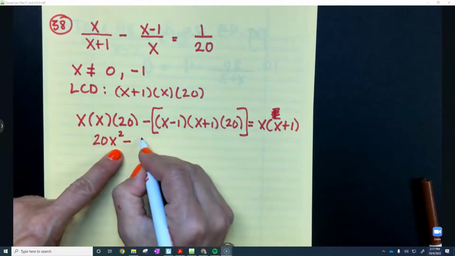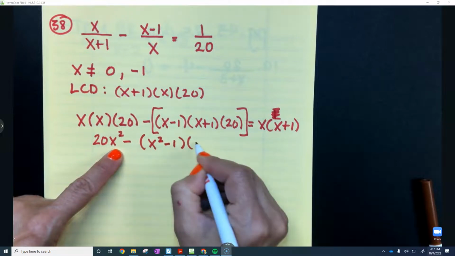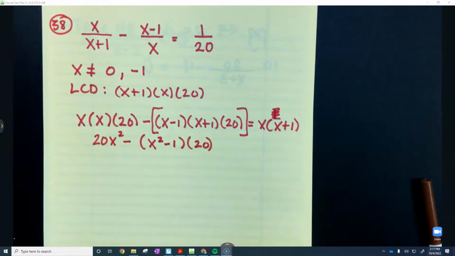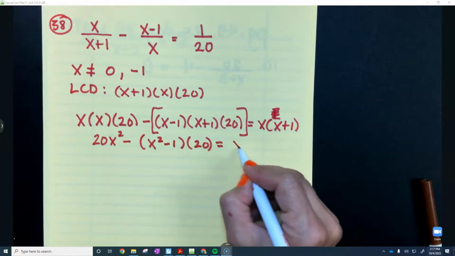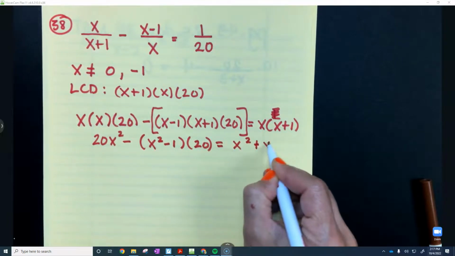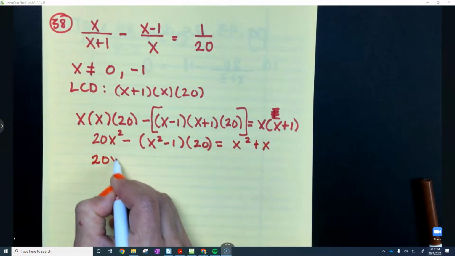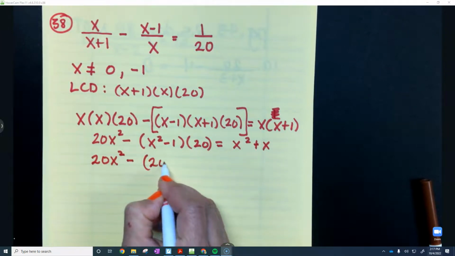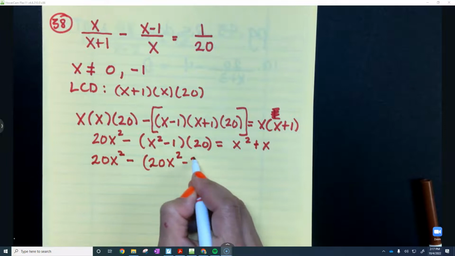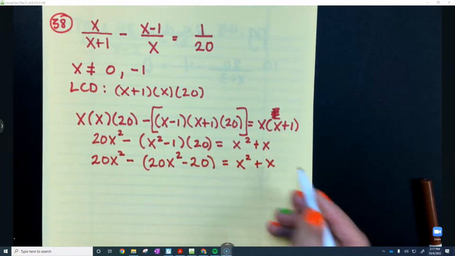So this is going to be x squared minus 1 times the 20. I'll distribute that 20 in a minute. On the other side, I'm going to go ahead and distribute the x. So this is x squared plus x. Let me distribute the 20. Recopying the first term. Minus 20x squared minus 20 equals x squared plus x.